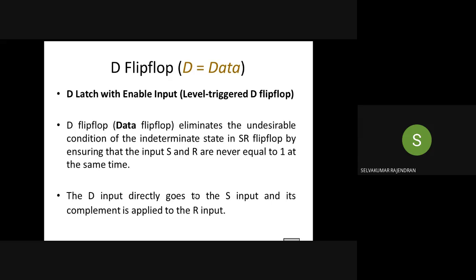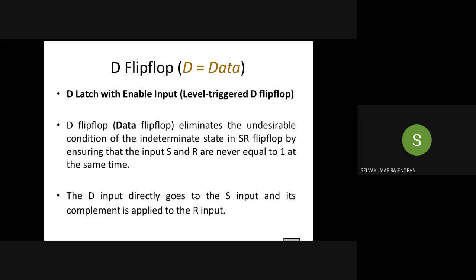Here also we are using a D type latch, but we are dealing with a flip-flop circuit. Flip-flop means a controlled or gated latch, and that controlling mechanism may be in terms of enable or clock pulse. So a D latch with enable input is called a level triggered D flip-flop, or simply D flip-flop or data flip-flop.